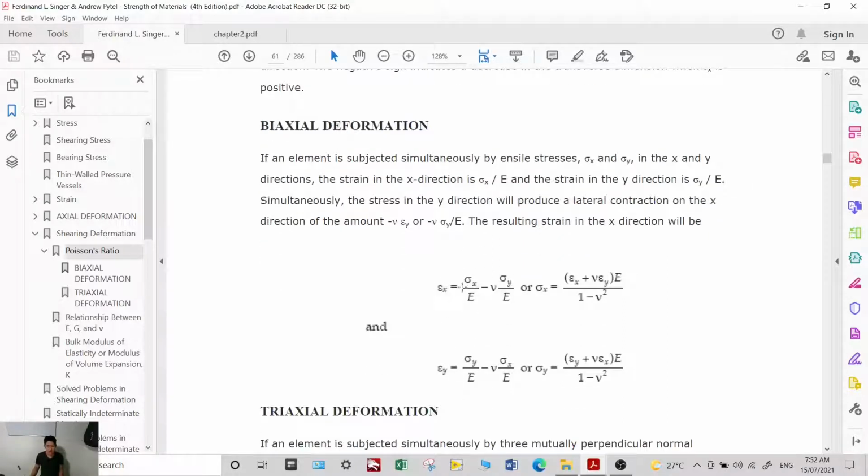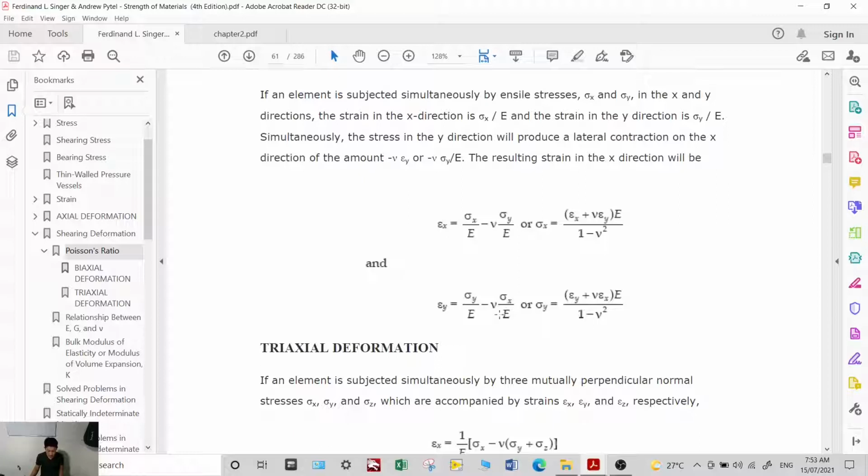Strain in the x direction is just equal to the stress over E minus Poisson's ratio times the stress in the y direction over E. If you want to get the stress in the x direction, you transpose it to get the equation. And also for the y direction.